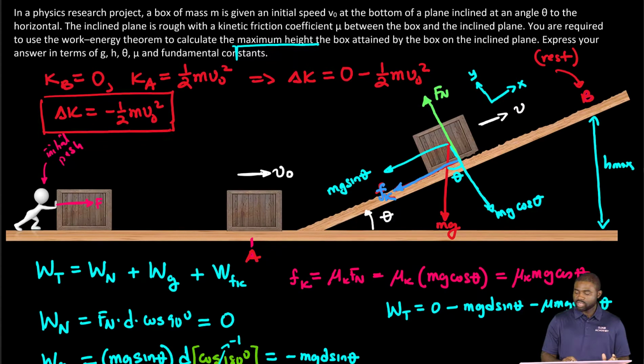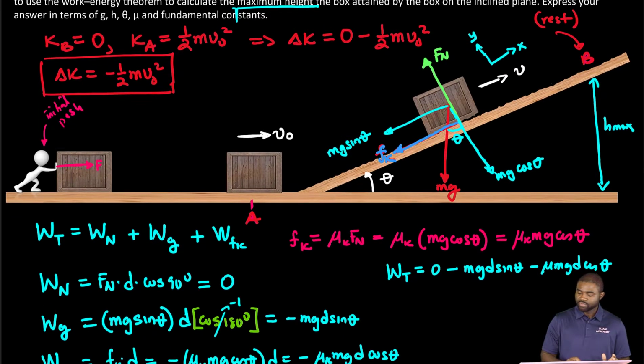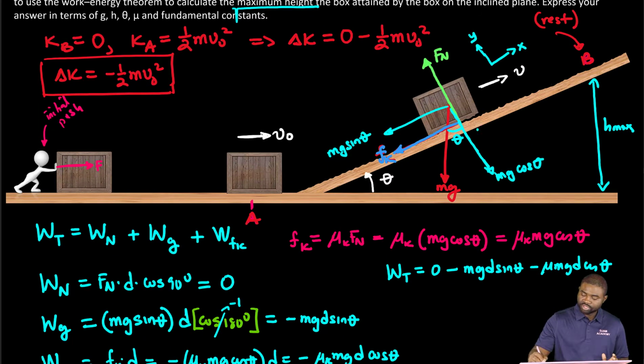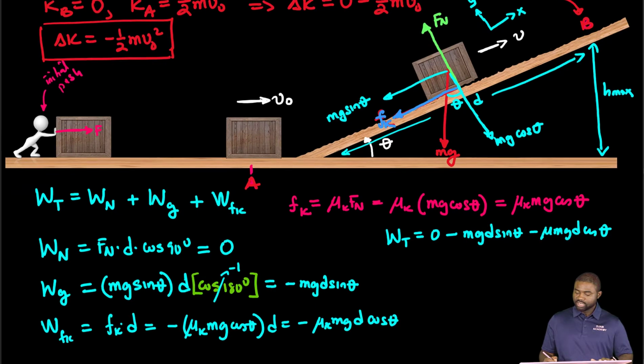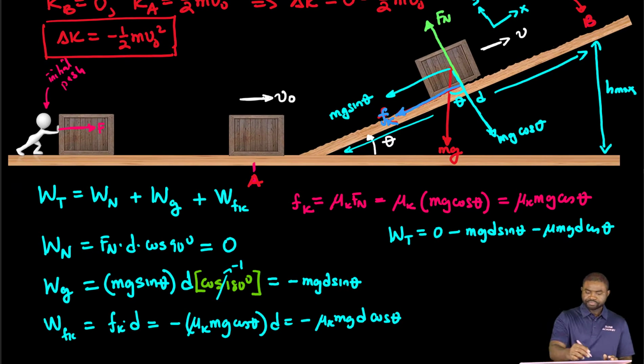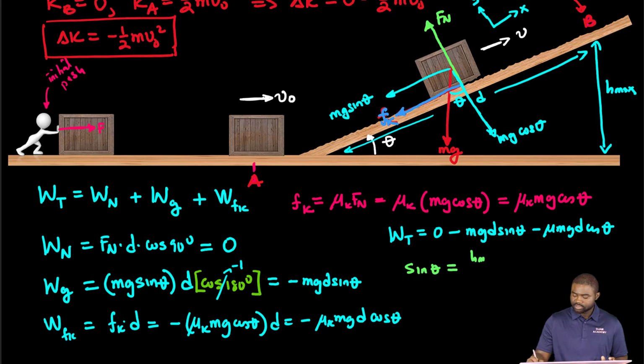So how do we calculate that distance? This distance from here to here is d. So how do we relate that distance? We know that the sine of theta is equal to h max divided by the hypotenuse, which implies that h max is equal to d sine theta.